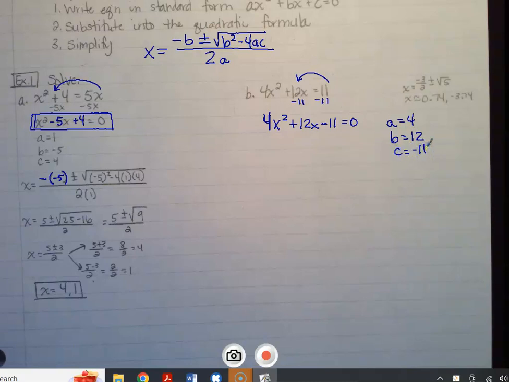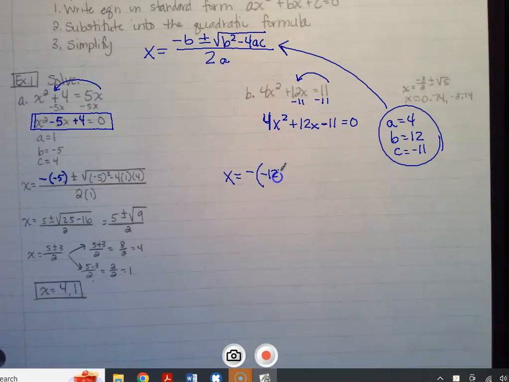Okay, so we take these and we sub them into this equation to solve for x. So x is going to equal negative b, so negative 12. Oh, sorry, I wrote the negative twice. So let's go back, it's negative, and then my b is 12.